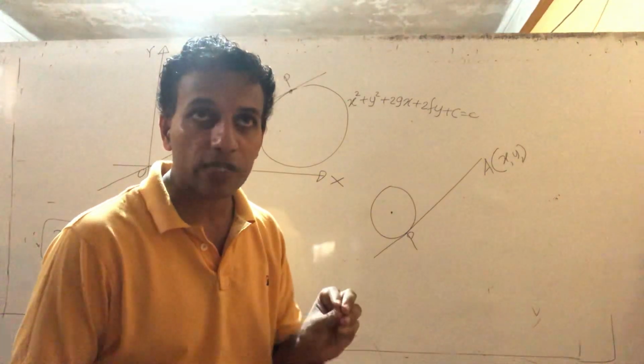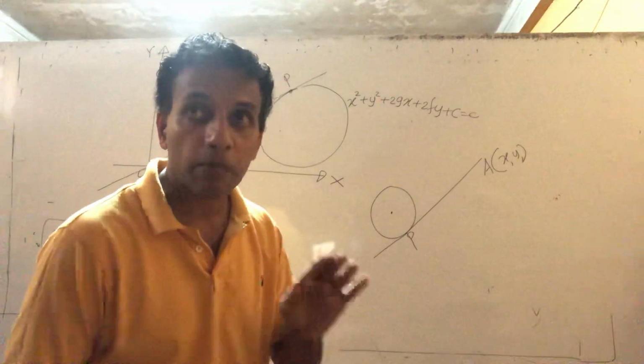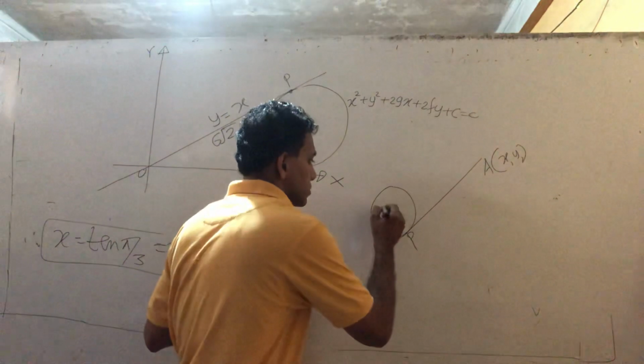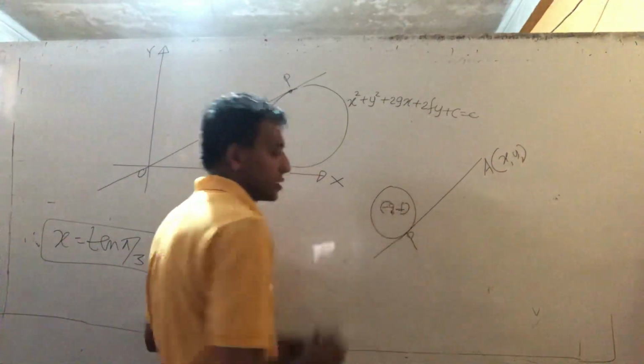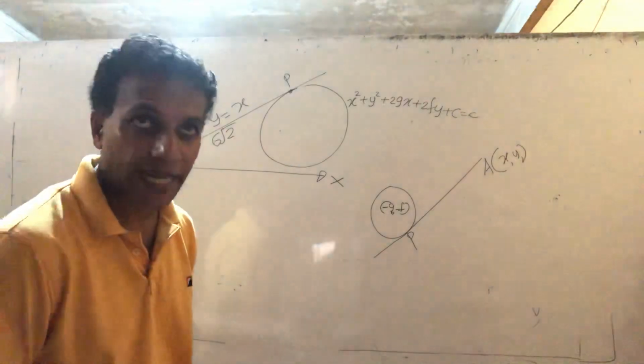What is the center of the circle? Minus g comma minus f.